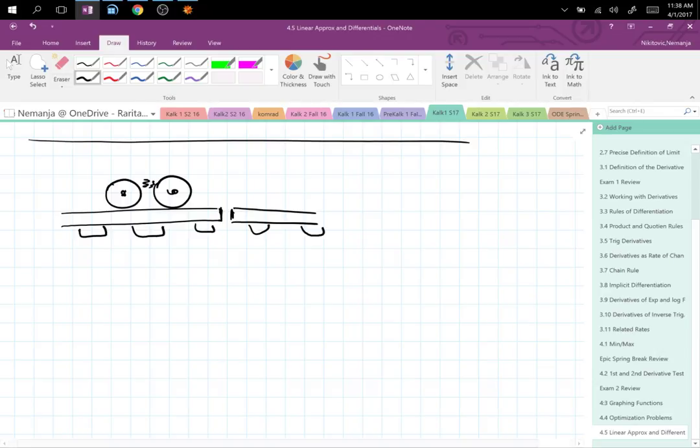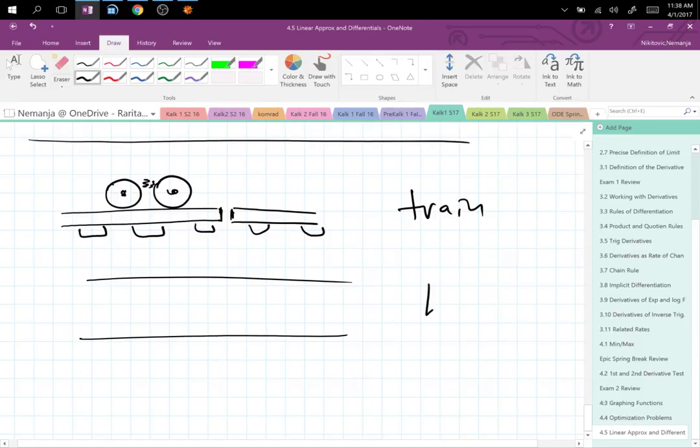Another application would be bridges. You know, when you drive over a bridge, you have the cracks in a bridge. You've seen these, you drive over them.